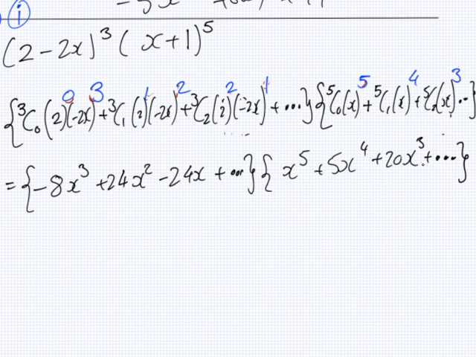Now, the next part. We want the first 3 descending terms. What is the biggest power of x I can get here when I multiply? What's the biggest x power?